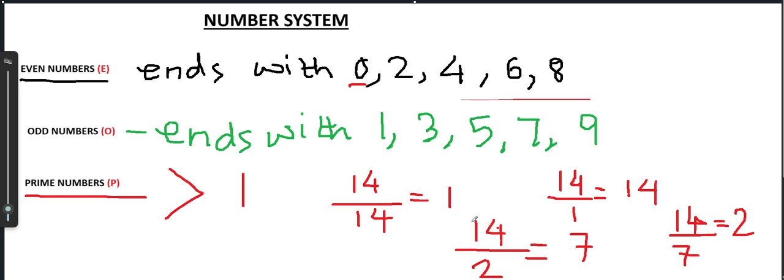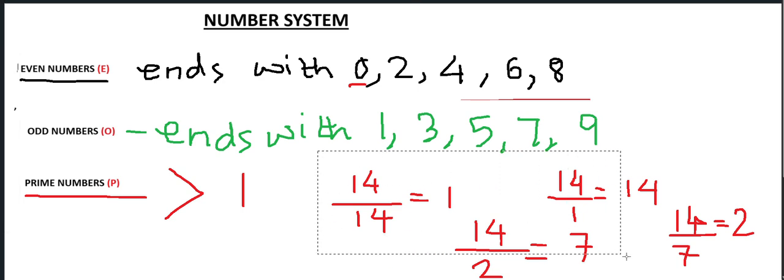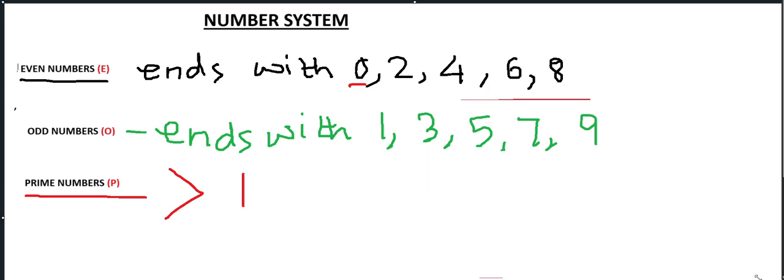Thereby, 14 is not a prime number. Okay? 14 is not a prime number. But the example of 7, which we did take, that is a prime number. 2 is the smallest prime number, and 2 is the only even number in the set of prime numbers.